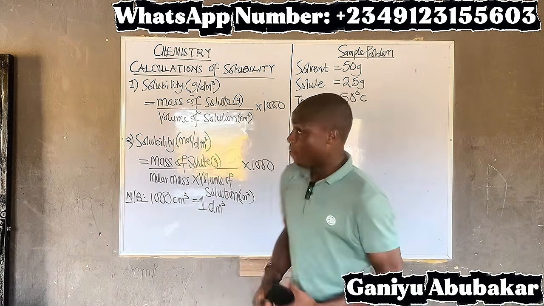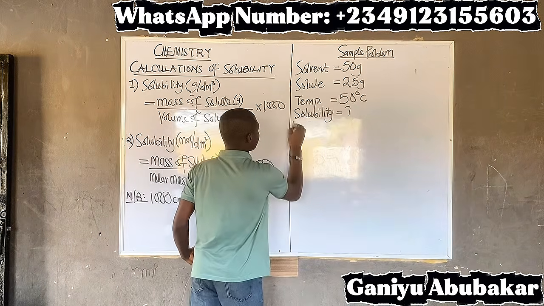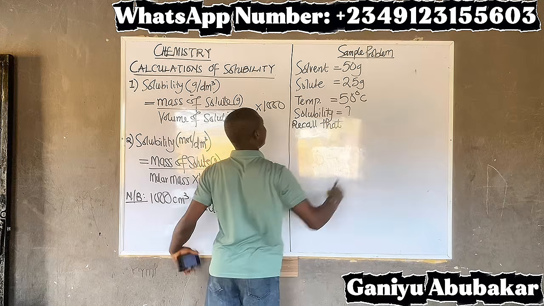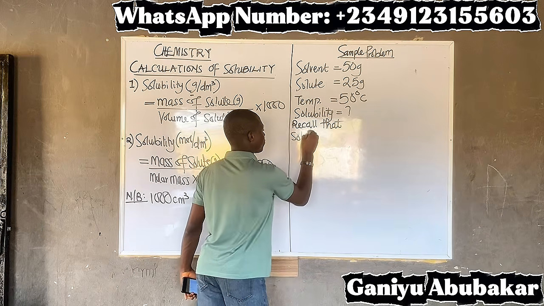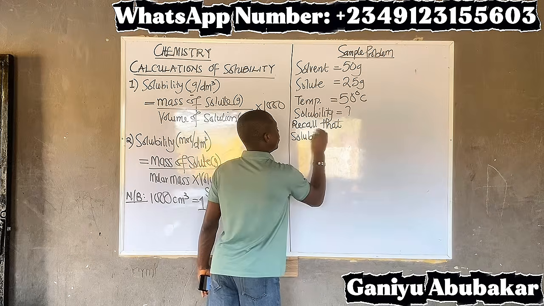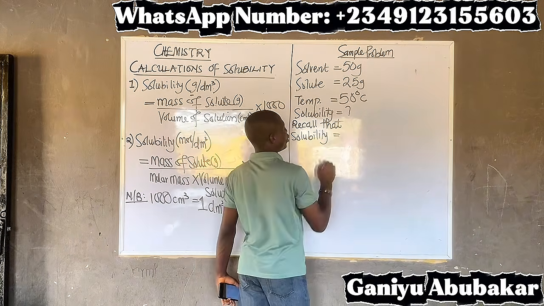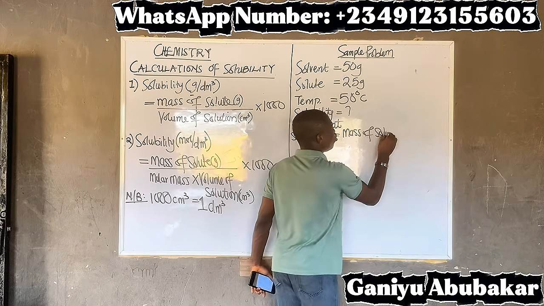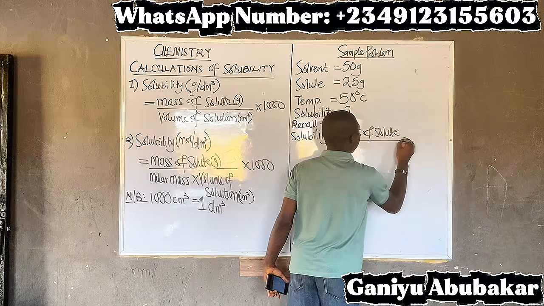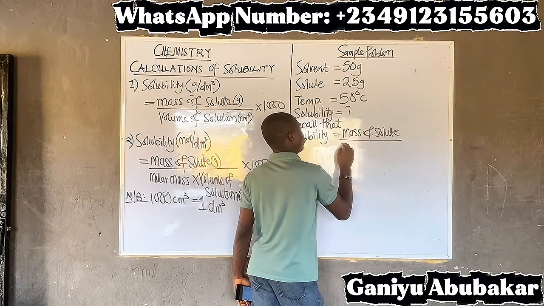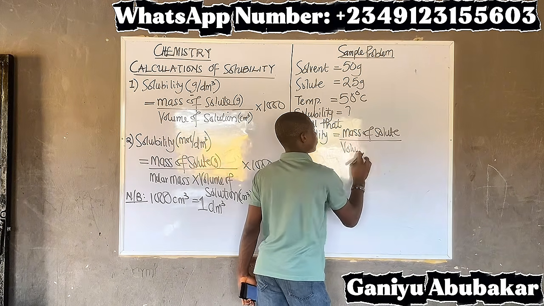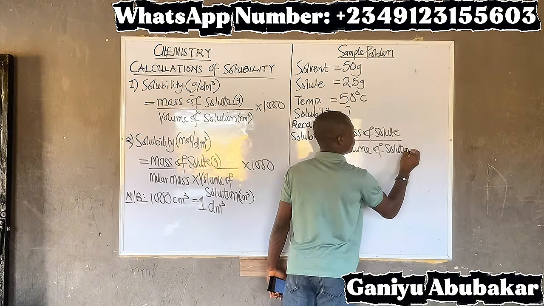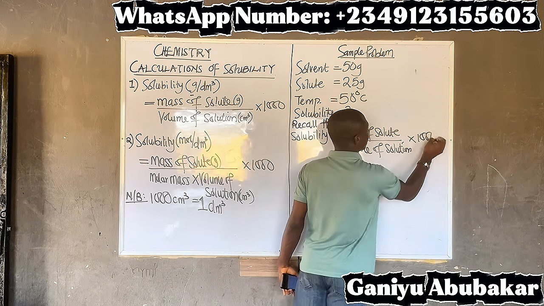So in this case now, let us first recall that we established that solubility is equal to mass of solute over volume of solution, times 1000.